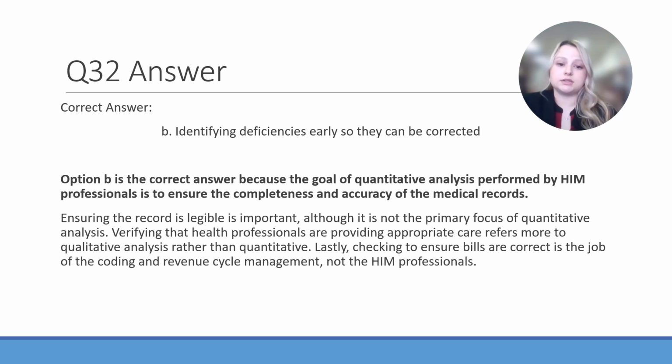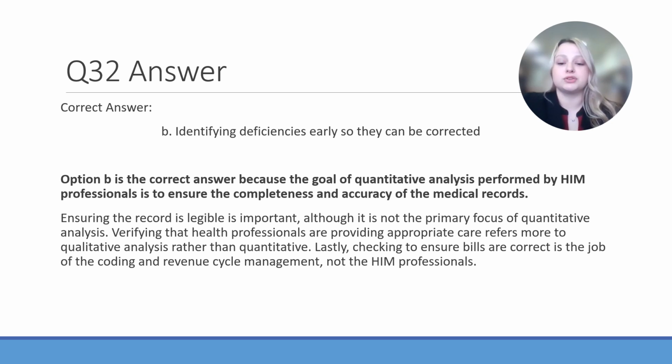Option B is the correct answer because the goal of quantitative analysis performed by HIM professionals is to ensure the completeness and accuracy of the medical records. Ensuring the record is legible is important, although it is not the primary focus of quantitative analysis.